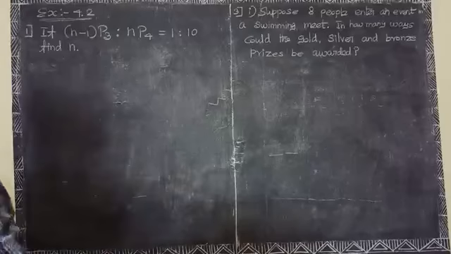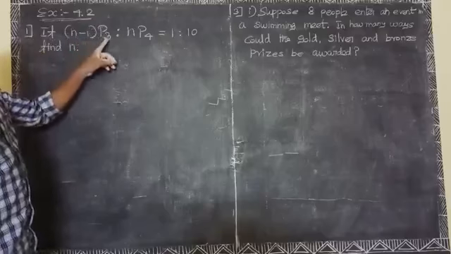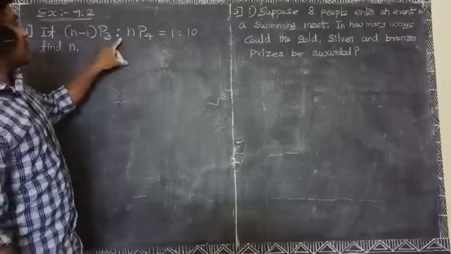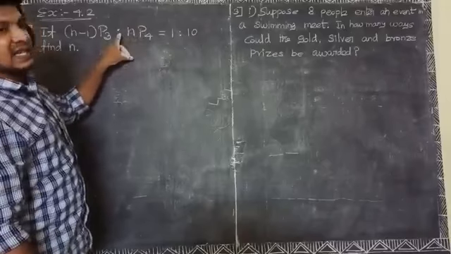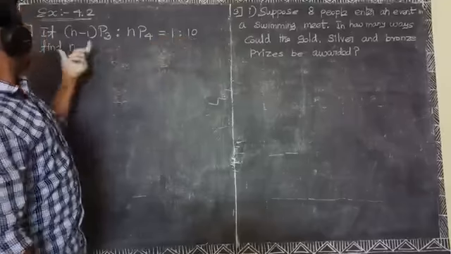Next, exercise 4.2. First question: if (n minus 1)P3 ratio nP4 is equal to 1 is to 10, find n.